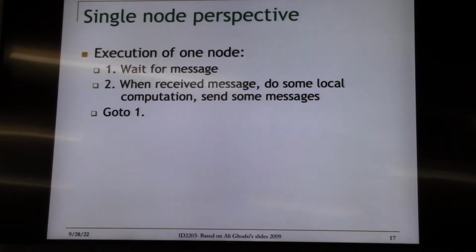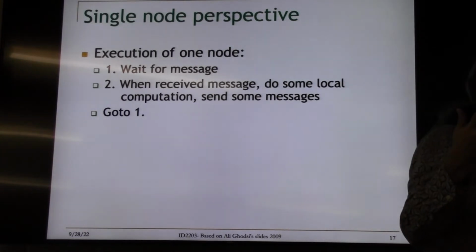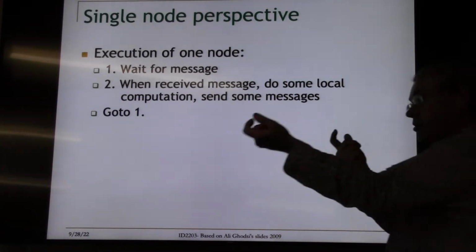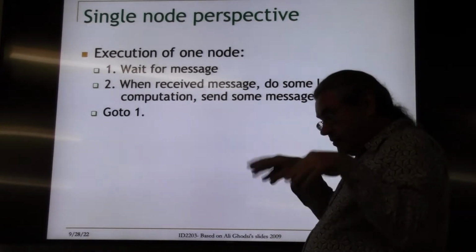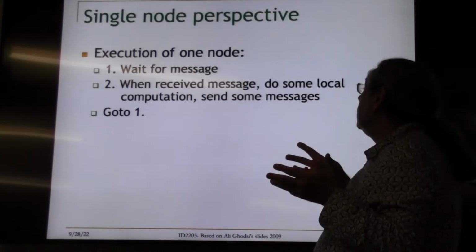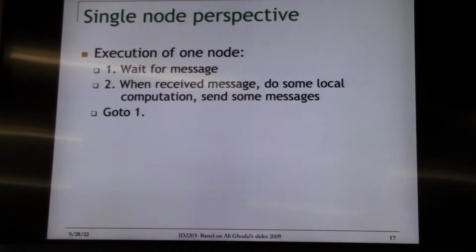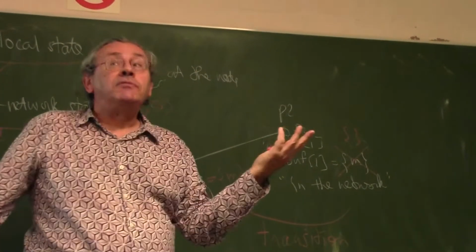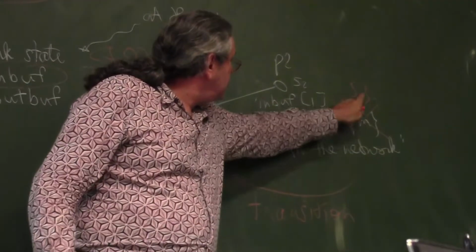Now let's discuss a little bit. So how does a node run? In real life, how does it work? Well, basically, it waits for a message. When a message appears in the in-buff, it does some local computation, and it might send some messages. So when the message appears on the in-buff, then it's able to do a transition, so it can do a local computation, which makes this message disappear.